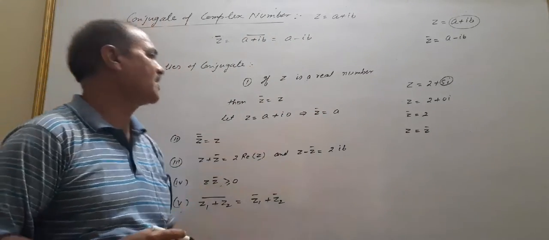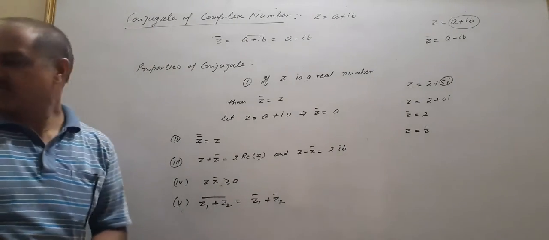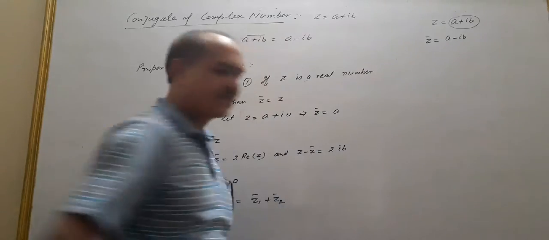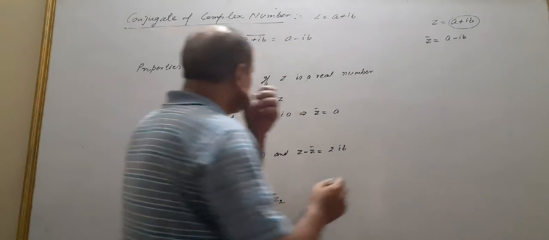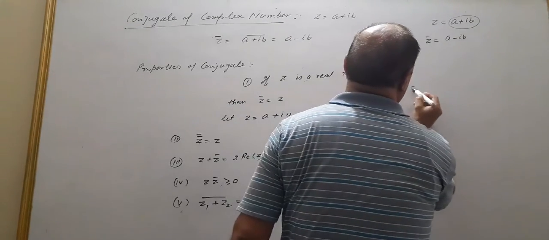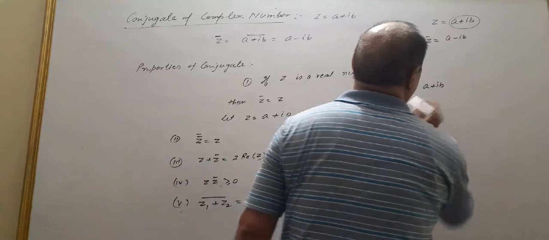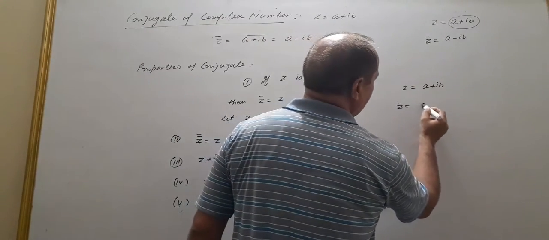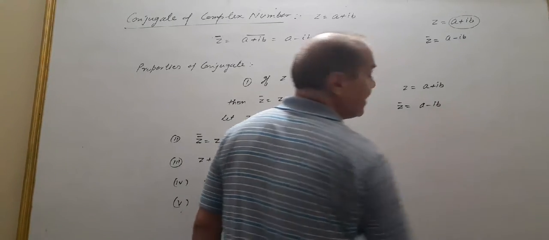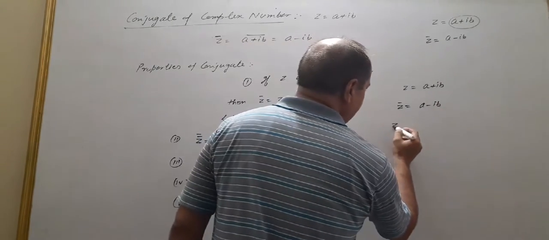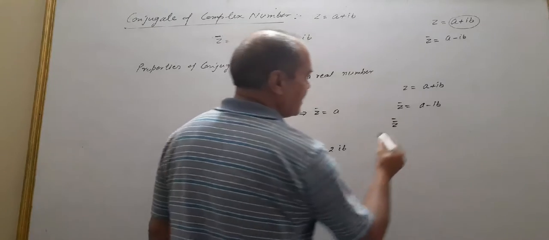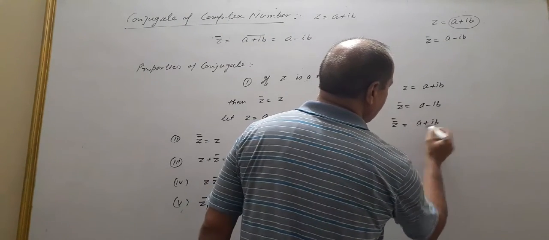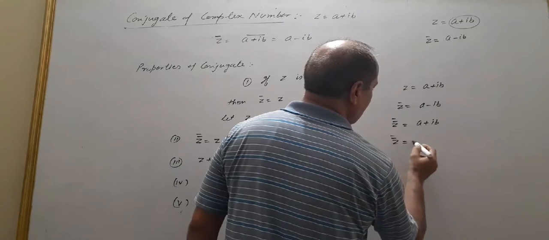Okay, now the next property: the conjugate of a conjugate is again the same complex number. Let z be equal to a plus iota b. Its conjugate z bar will be a minus iota b. If I take the conjugate of this once again, it changes the sign again, so the conjugate of z bar is equal to z.